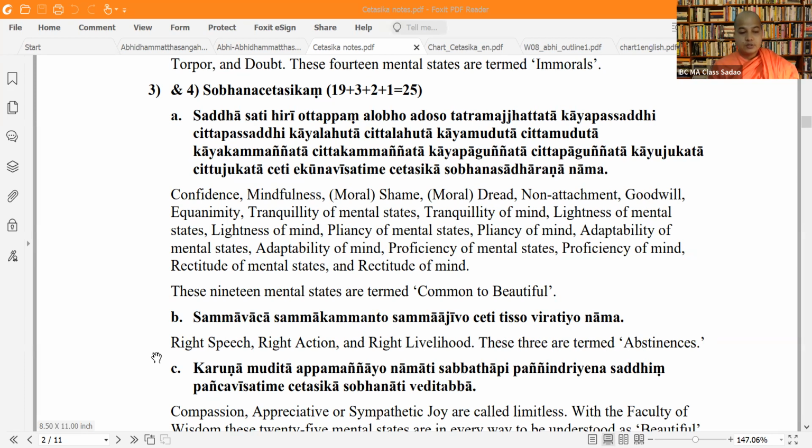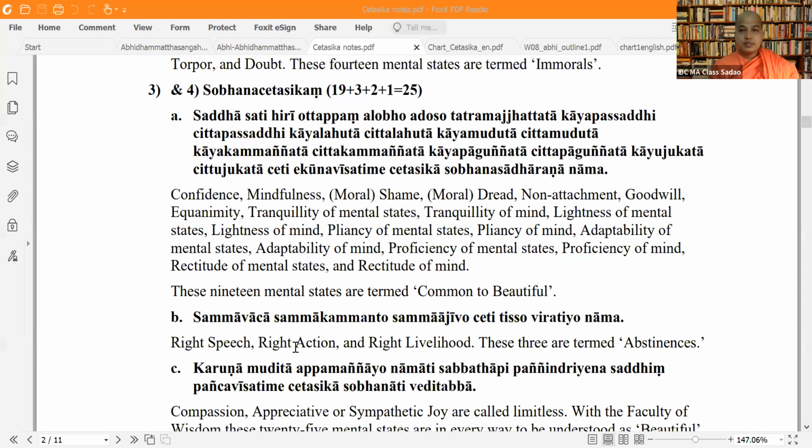How are they termed? Musavada, yes, and Parusavacha, Samphappalapa. What is the other one? So these are the things that you avoid. Right action, that is Samma Kammanta.